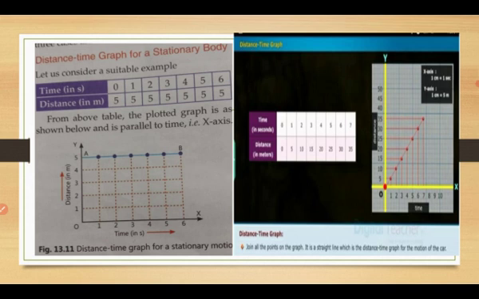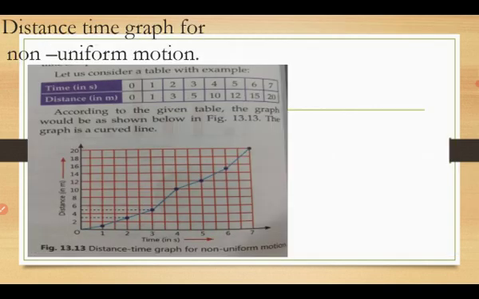This object shows uniform motion, and when we draw the graph of uniform motion we get a straight line.